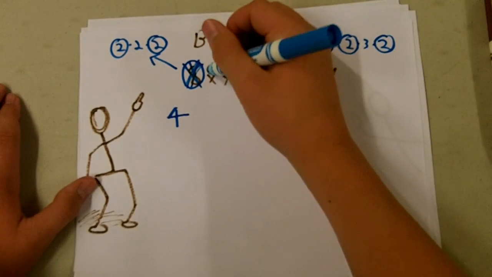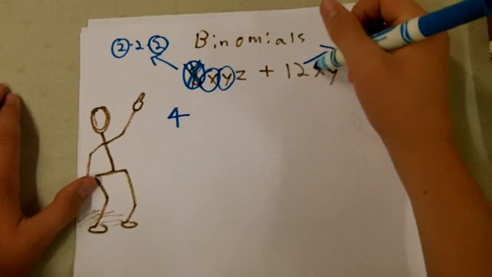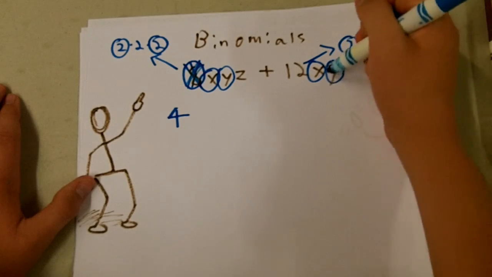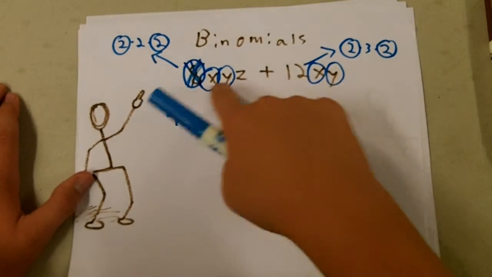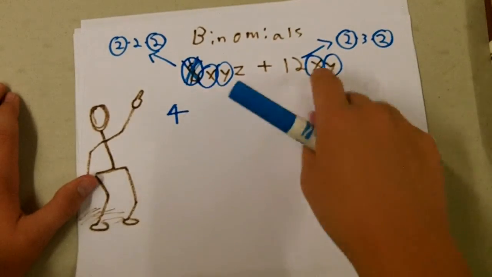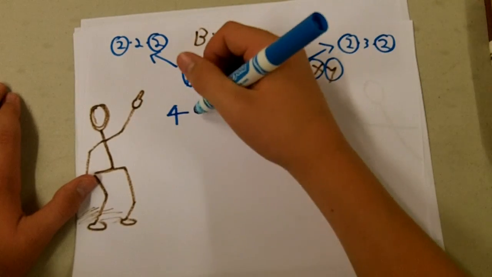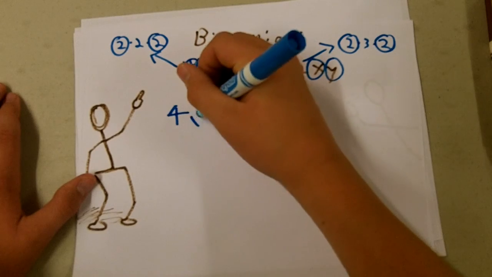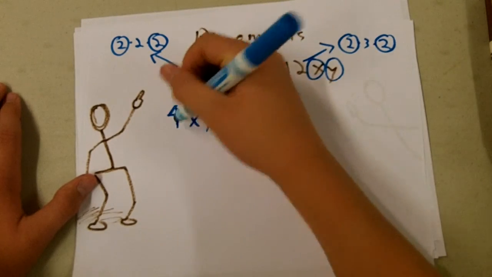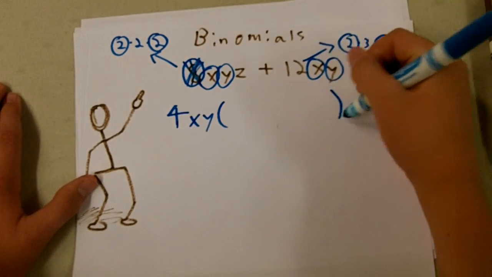But also we want this x and this y to be on the outside because they both have an x and y in each term. So I add 4xy, and then we make a set of parentheses.